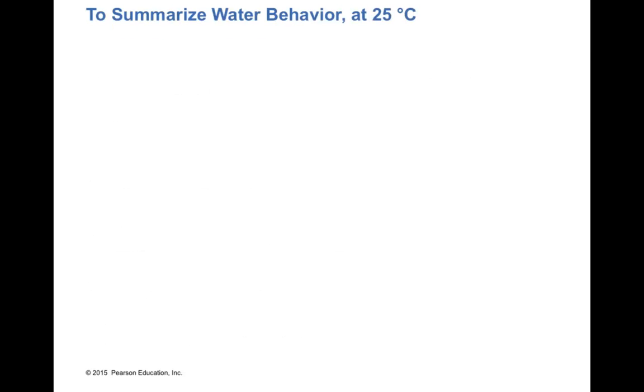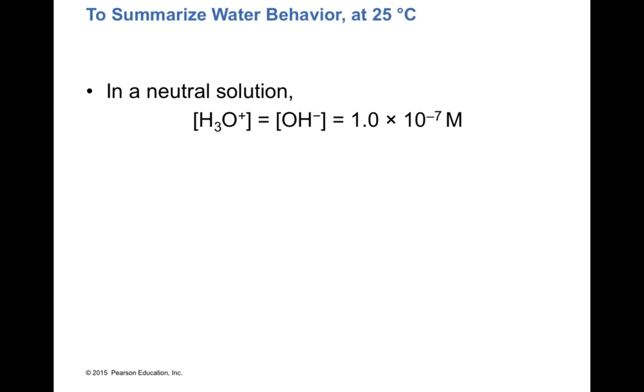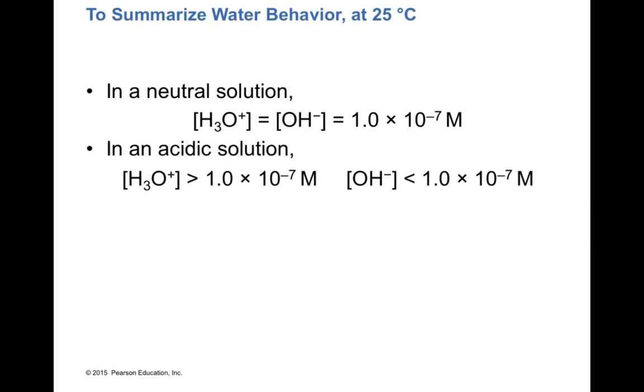So if both concentrations are equal, the solution is neutral. We're going to have the Kw basically. We can determine the Kw at that point when it's neutral. If the solution is acidic, the concentration of H3O is going to be higher than the concentration of OH.